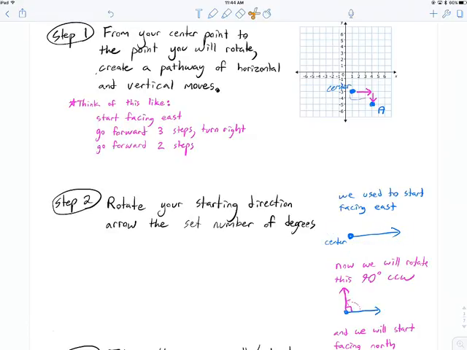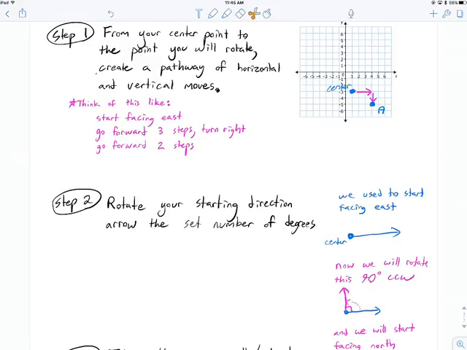I said, okay, start facing east, start facing right. So I'm going to turn that 90 degrees counterclockwise. So instead of facing to the right, whoops, I meant to grab this arrow, it's going to be facing up, right? It was facing right, spin up. So counter against a clock, a quarter of a turn. It goes like that.